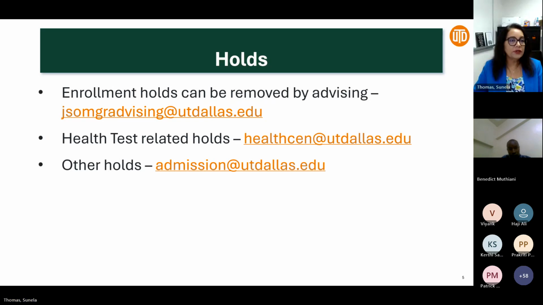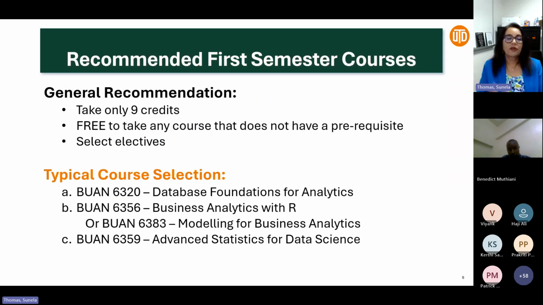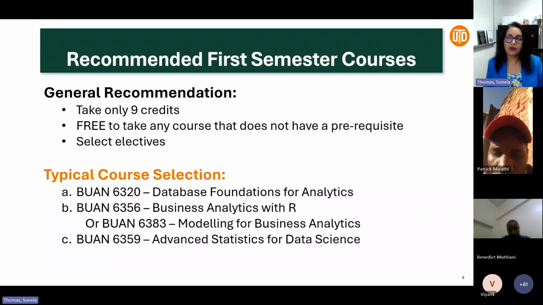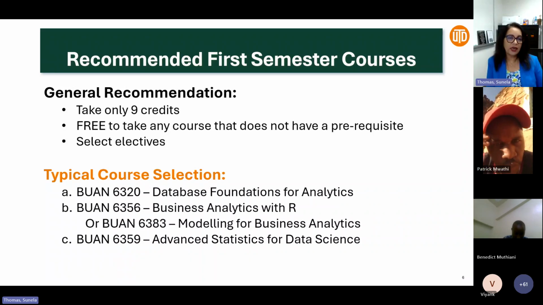So, what are the recommended first semester courses? The general recommendation is that you take 9 credits, meaning 3 courses, because you have a requirement to take a professional development course unless you got that waived, which means you have experience working in the United States.